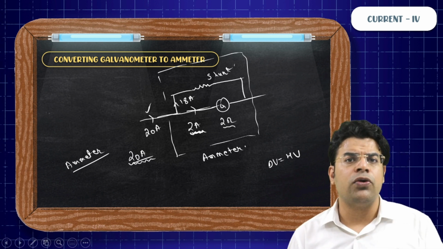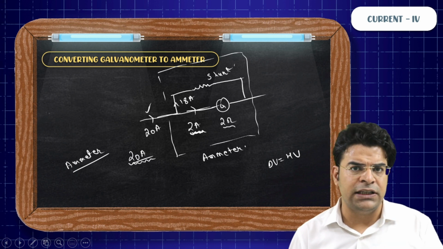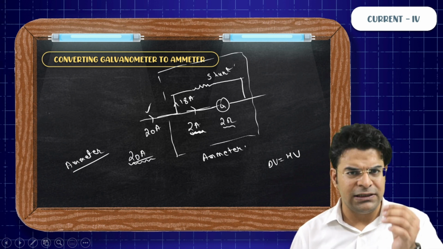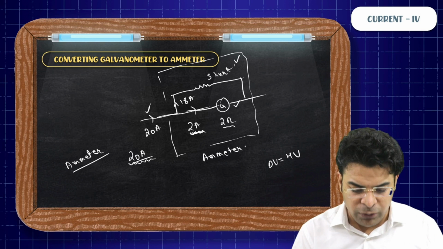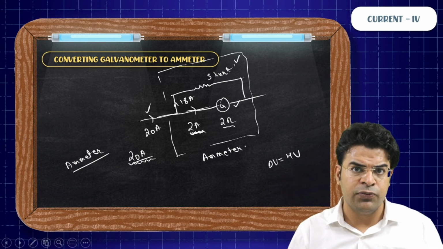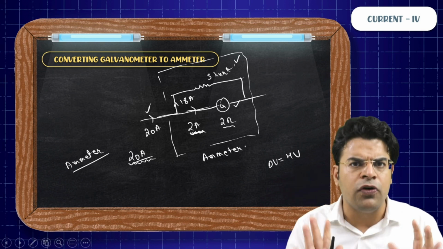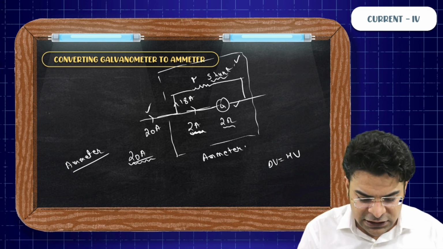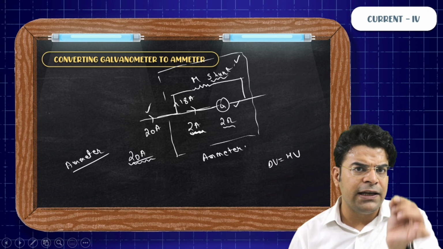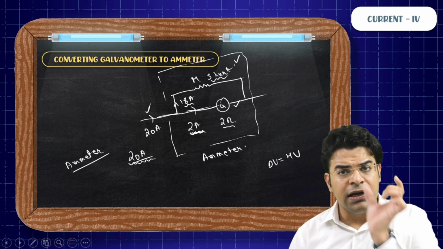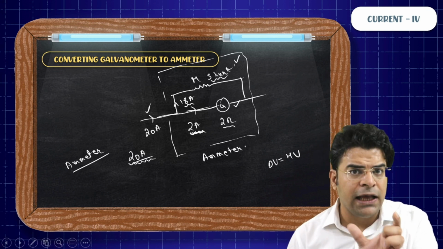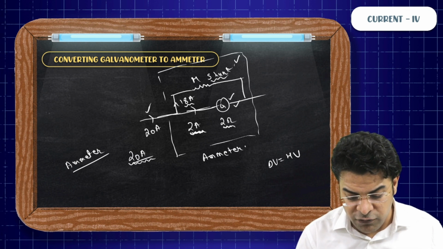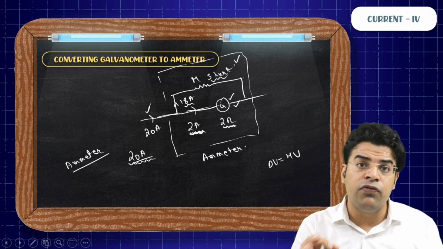Now there will be questions like, determine the shunt resistance for doing so. You will say, see sir, the shunt and galvanometer are connected in parallel. So the potential drop across both of them has to be the same. If through a shunt of resistance small r, a current of 18 ampere is passing, it has the same potential drop as across a galvanometer of resistance 2 ohm through which 2 ampere of current is passing.